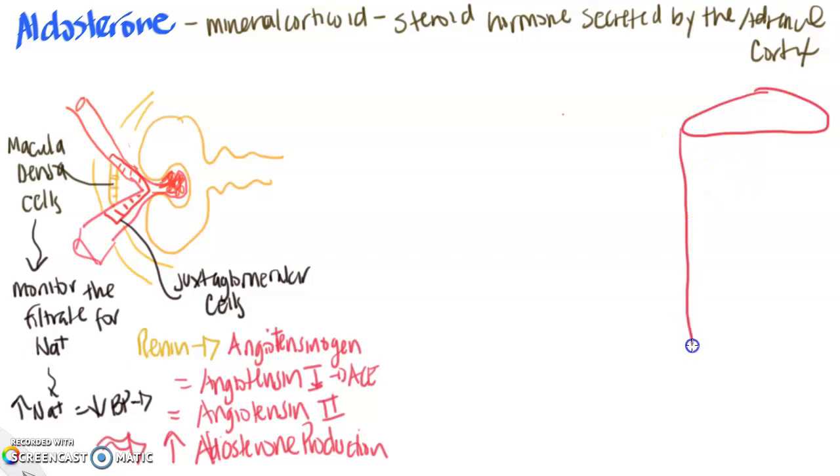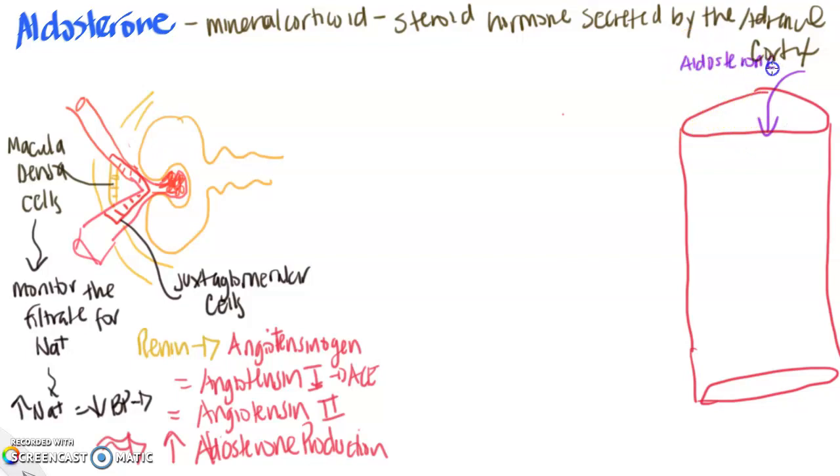Okay, so here's the blood, and we know, of course, that aldosterone is a steroid hormone. So here's the blood, and aldosterone comes into the blood, right? And it floats through the blood to the kidney, which is its target.